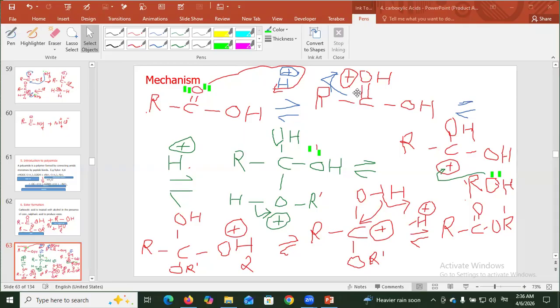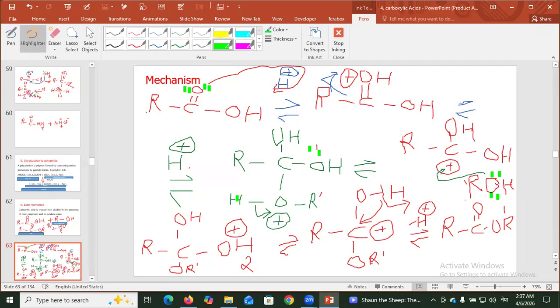Again, this double bond electron moves toward this OH and a positive charge is created on this carbon. Again, this lone pair of the alcohol attacks this positive charge carbon and forms this ion.